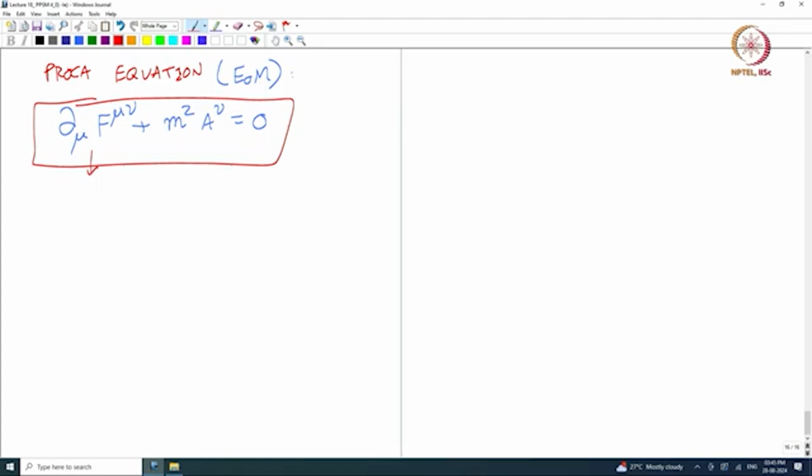Now this form of writing it, to me at least, looks a bit confusing. So I prefer the expanded version of this. What I like to do is to expand this and write it as two different equations, both for the A^μ part, but with two different meanings.